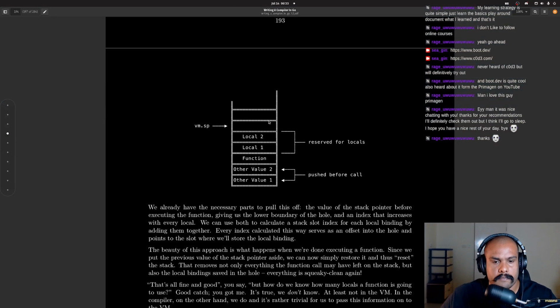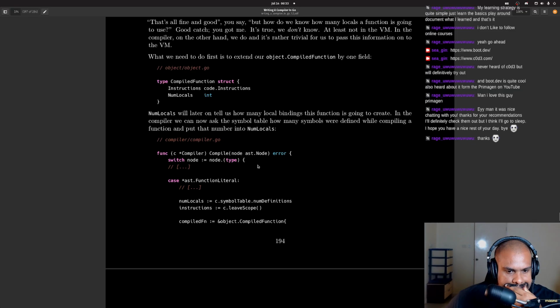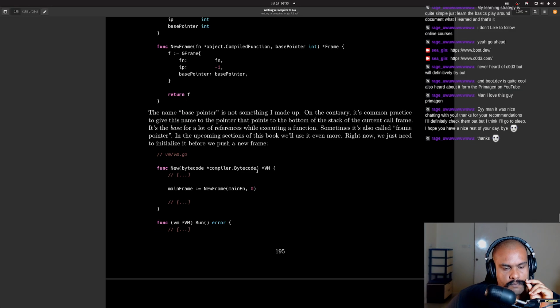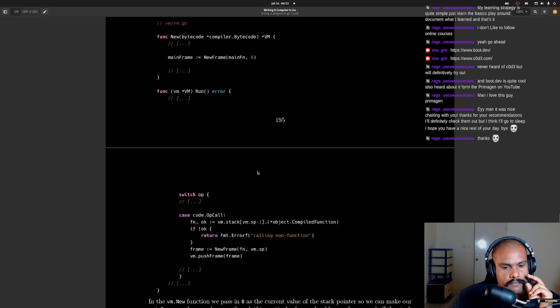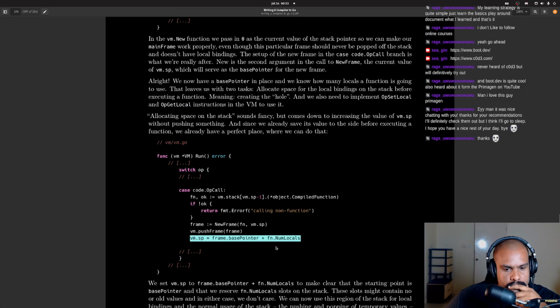Yeah, so I think it's the same thing. Frame dot base pointer plus number of locals.